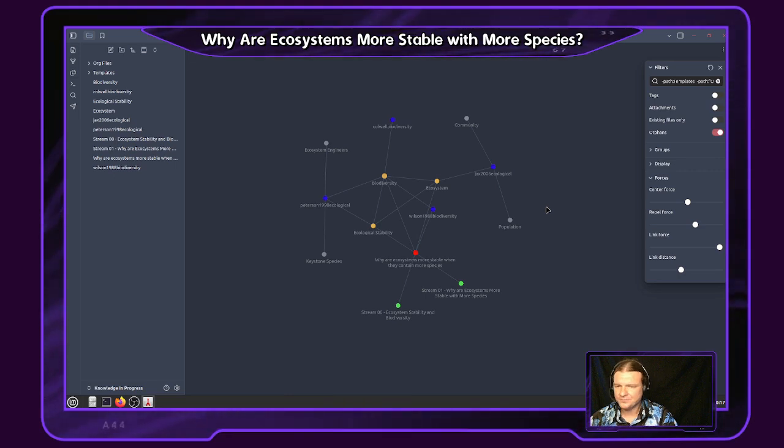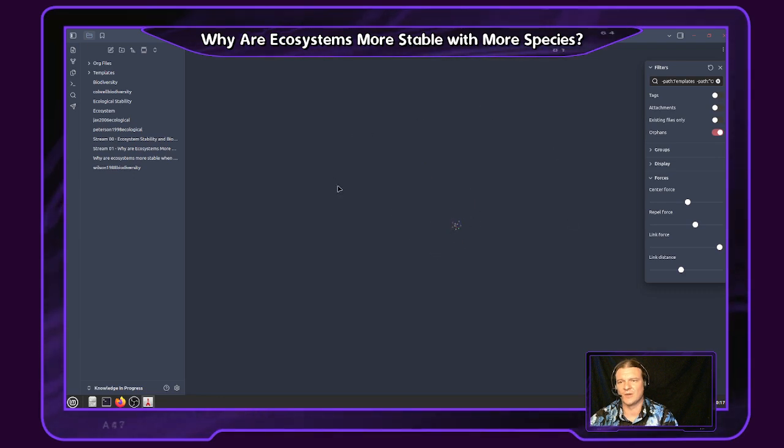And we will build this vault up over time as we go and see where we end up. We will watch this network of ideas grow. The next question will probably not connect to any of these notes, right? It'll be a separate cluster somewhere in this wide, wide space.